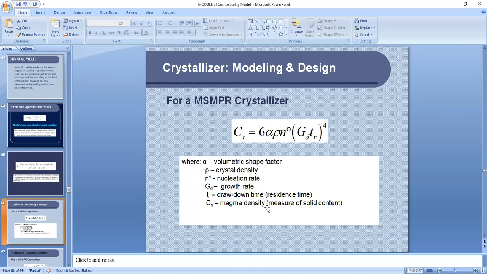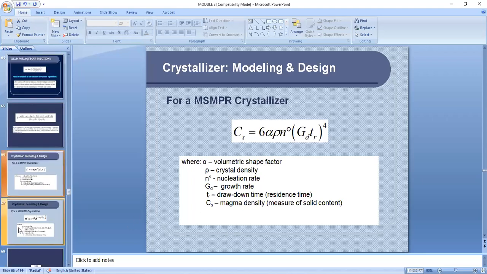So those that haven't yet reached that particular size requirement remain inside the crystallizer for it to grow to that particular size that is required. Okay, so residence time, the amount of time in which your material stays within the crystallizer for it to grow.